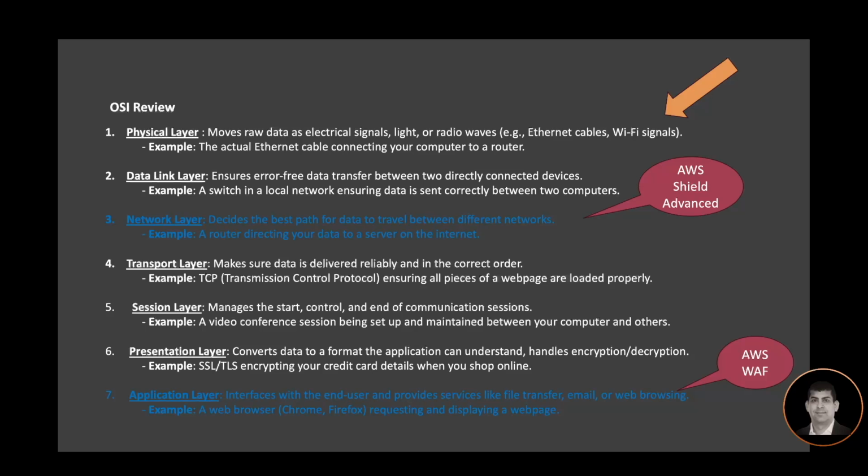Layer 3 is the network layer, and that's where, in the previous slide, AWS Shield Advanced provides protection. AWS WAF, which we are using in this example, provides protection at the application layer.